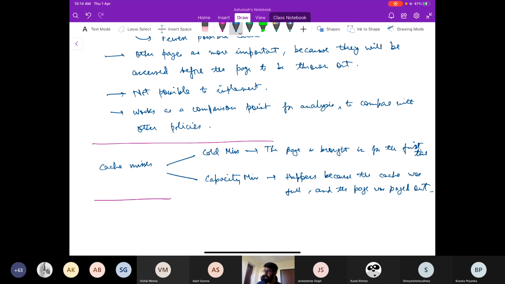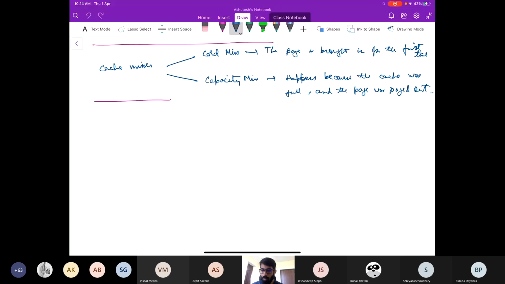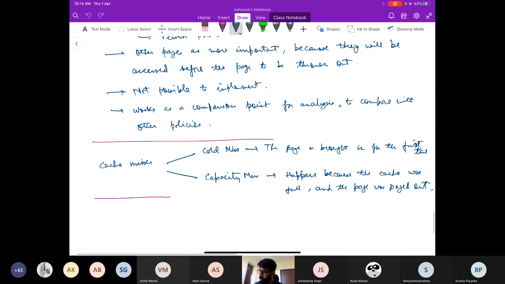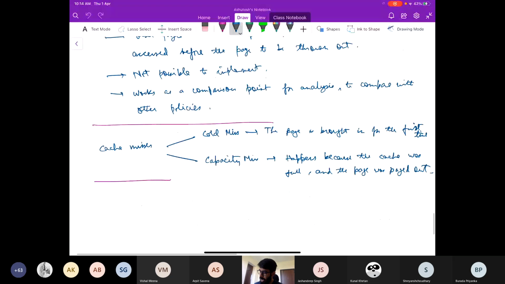And we can calculate the hit rate and miss rate in both cases: just remove the cold ones and then look at the data. So generally what people do is remove the cold ones and compare the performance of the rest. Okay, so this was the optimal policy.